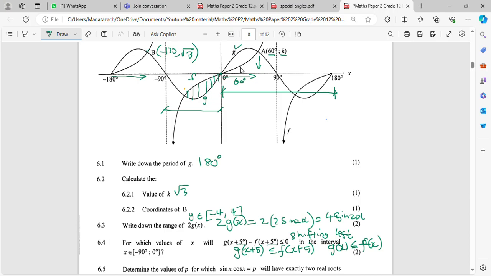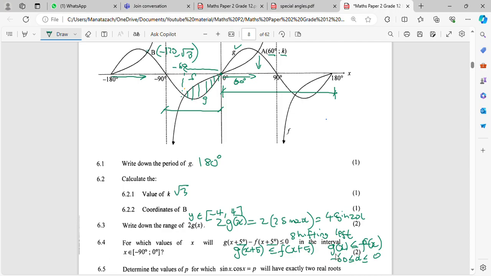So the distance from 0 to point A is 60. The same way here, when you go to the left, the value of x is going to be minus 60. So we're looking at the x values between minus 60 and 0. So that's the condition, minus 60 and 0.